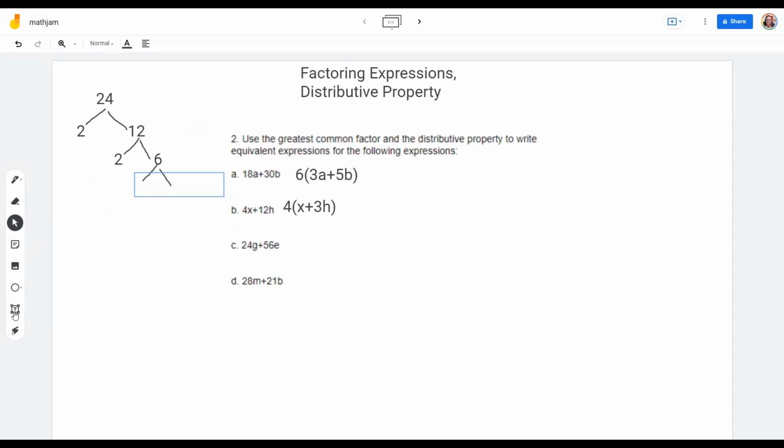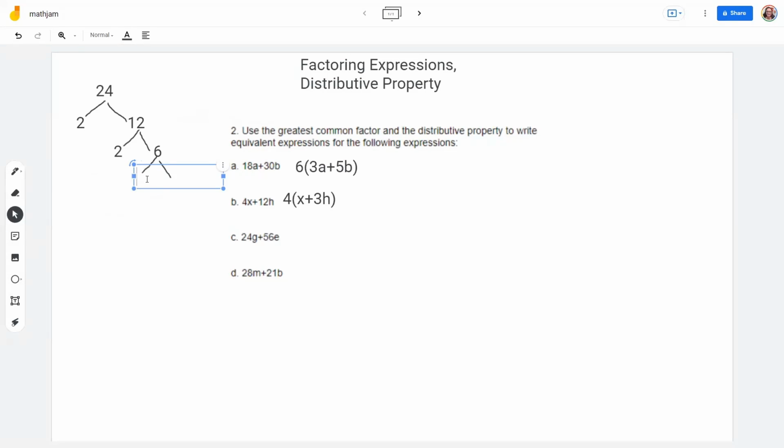And so for that 6, we could say 2 times 3. All right, and there we are. We're finally down to our prime numbers for that one. Let's take a look at the second number, which is 56. All right, and so let's go ahead and break that 56 down.